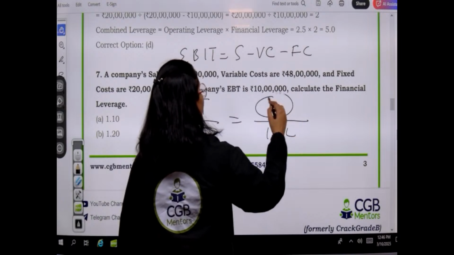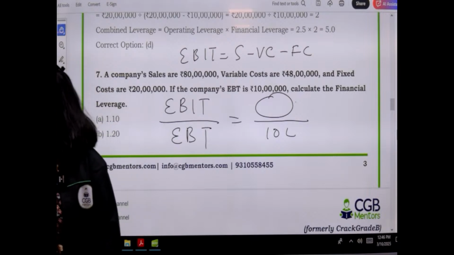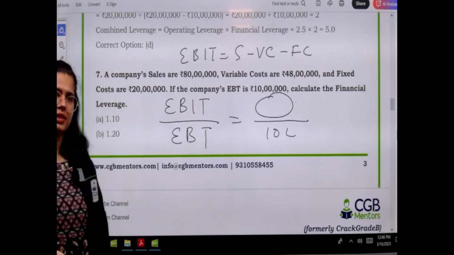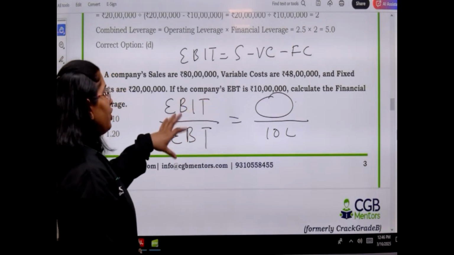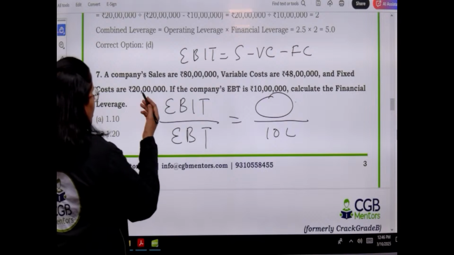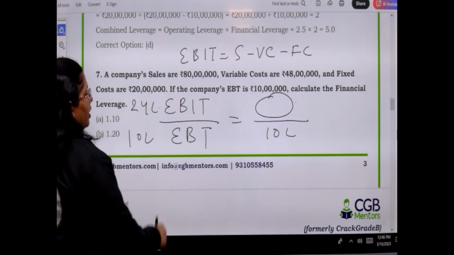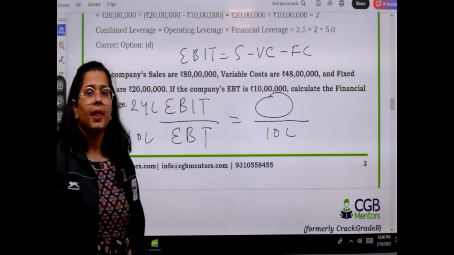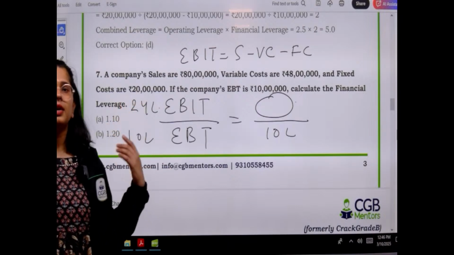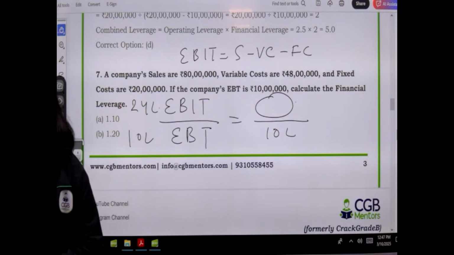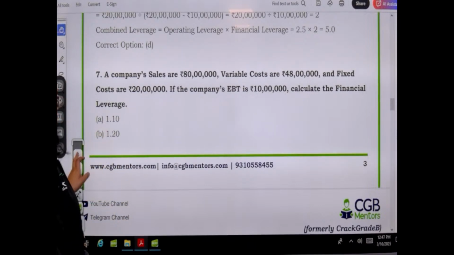and whatever answer comes here. Sometimes they can make this question difficult as well. How will they make it difficult? Hear me out. Suppose they have given you that EBIT is 24 lakhs and EBT is 10. What is the interest? You should know that the difference between EBIT and EBT is the interest, so you can easily tell that. Let's see the answer of this particular question.